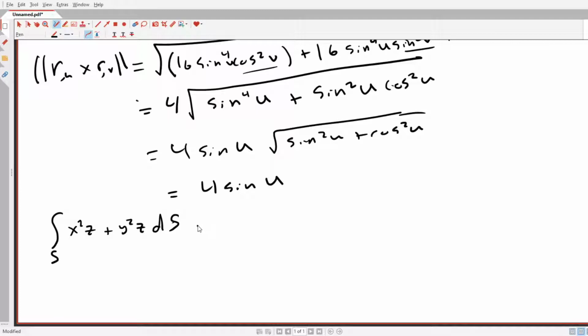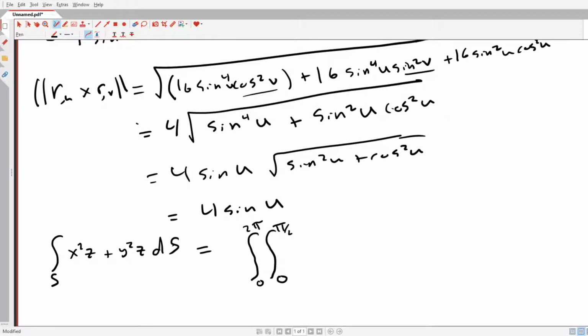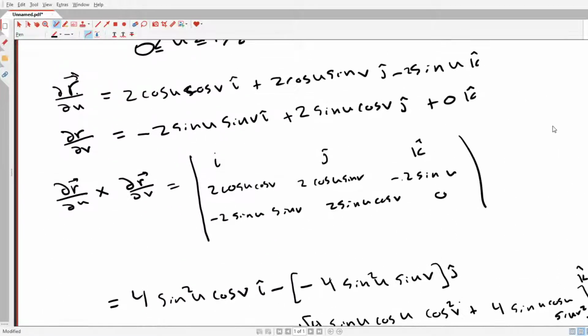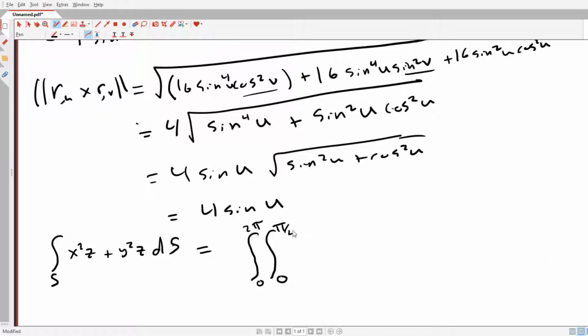So this is going to become the integral from, so we said that u goes from 0 to pi over 2, theta or v goes from 0 to 2 pi, x we know is, actually let me just rewrite this.